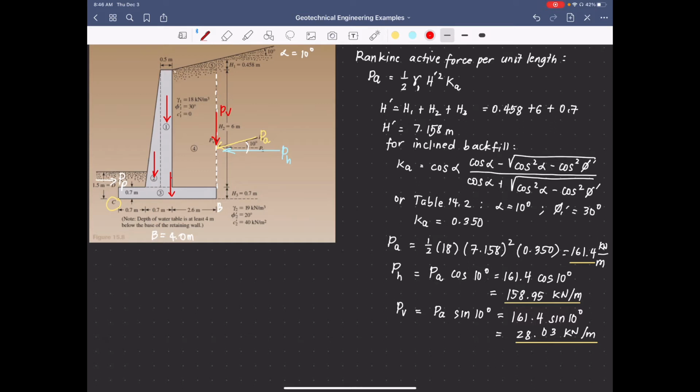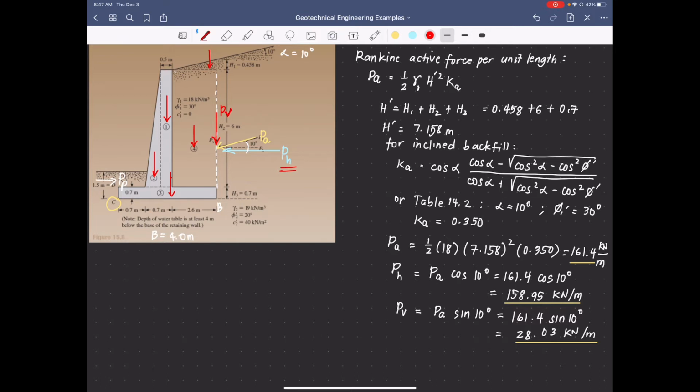We also have the soil backfill here. So we have 5 sections plus the vertical component of the active force. These are the forces that will resist the possible overturning. The force that tends to overturn the retaining wall is the horizontal component of our active force.